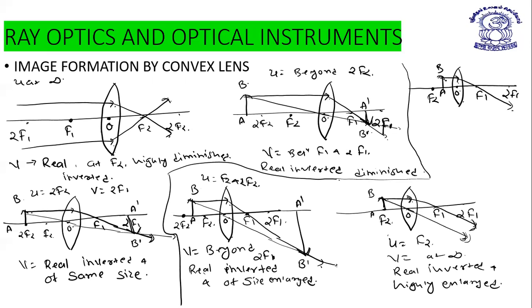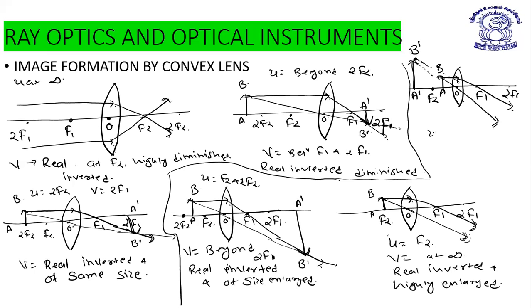Another light ray is passed through optical center O. These two refracted light rays are diverging. Diverging rays will not intersect, so we will extend them to the back side. The point where these two extended rays intersect, the image of object AB is formed, that is A dash B dash.